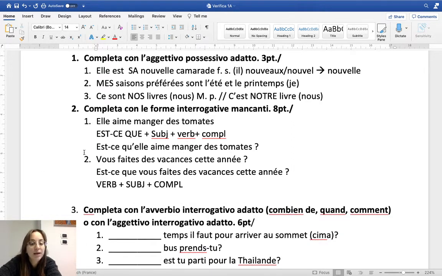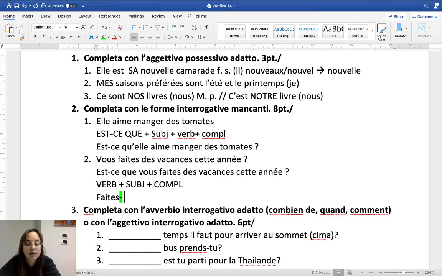So let's try with this sentence, okay? Vous faites des vacances cette année. Our verb is faites. So I have to put faites first. Now pay attention, I need to put this trait. Gonna put it in green.